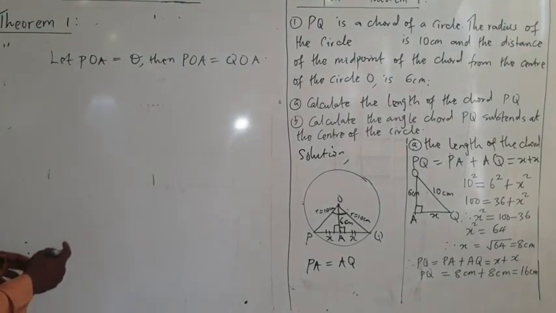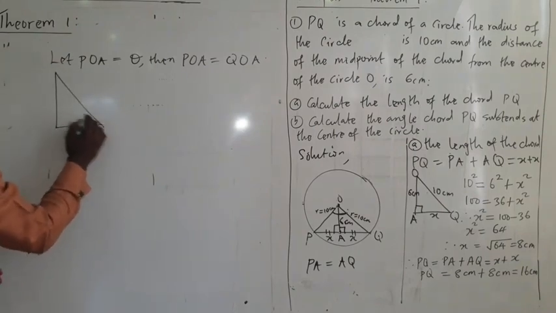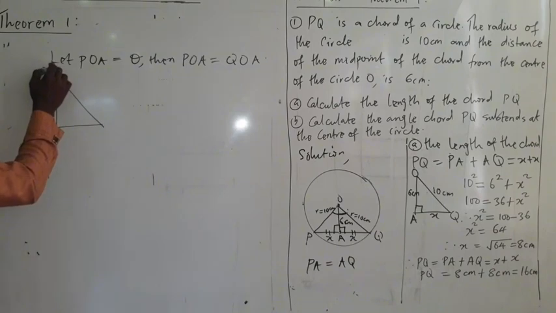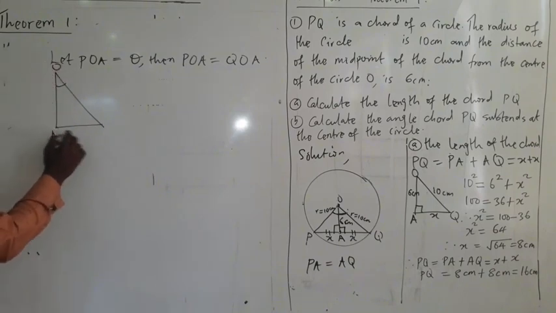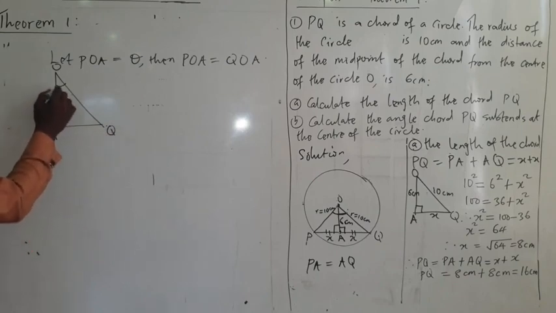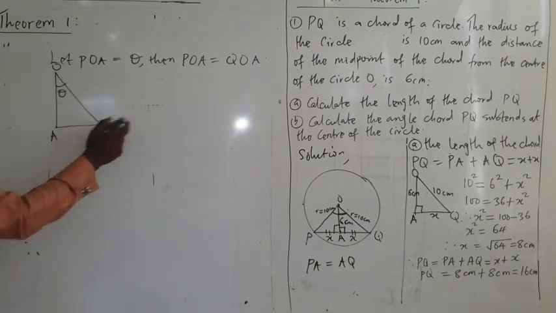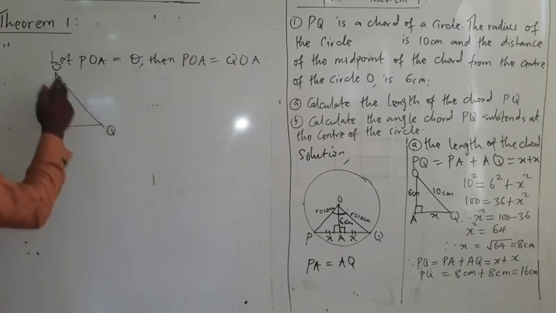So let's look for angle theta. Bring out the right angle triangle as well. So this is O, this is A, and this is Q. We have theta here, which is QOA.